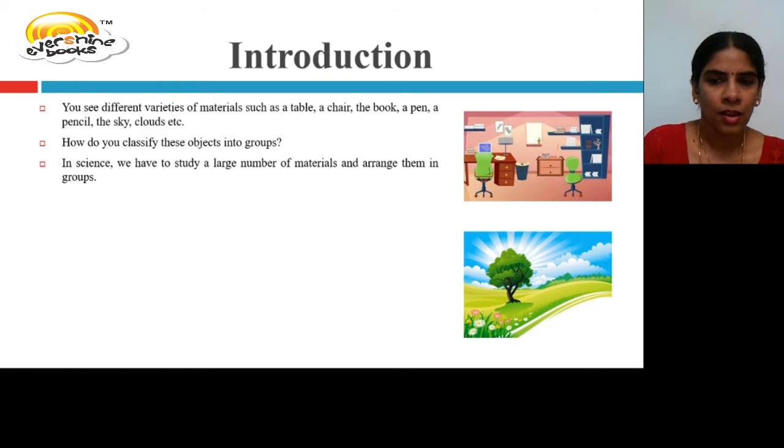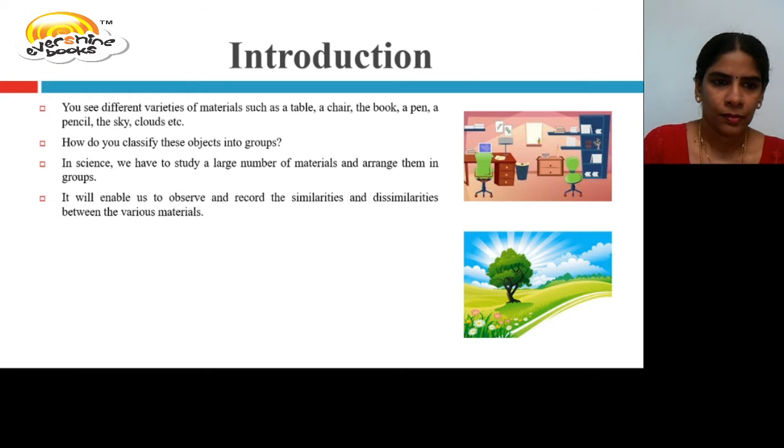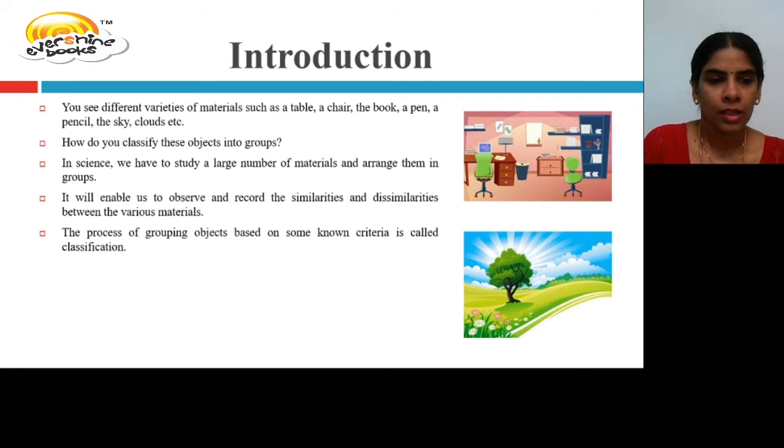In science, we have to study a large number of materials and arrange them in groups. It will enable us to observe and record the similarities and dissimilarities between the various materials. The process of grouping objects based on some known criteria is called classification.